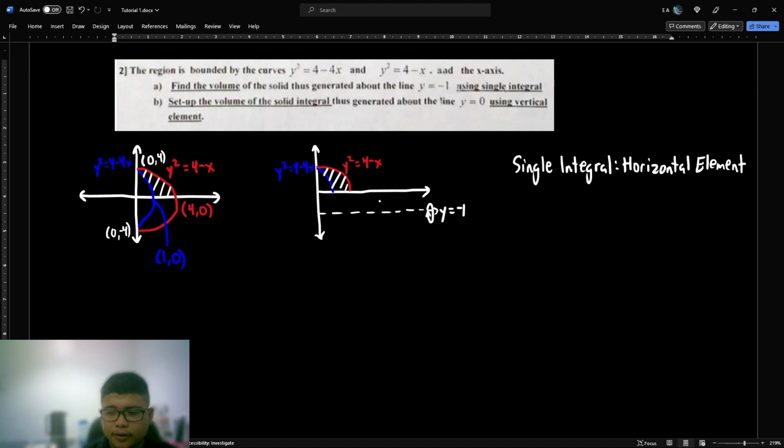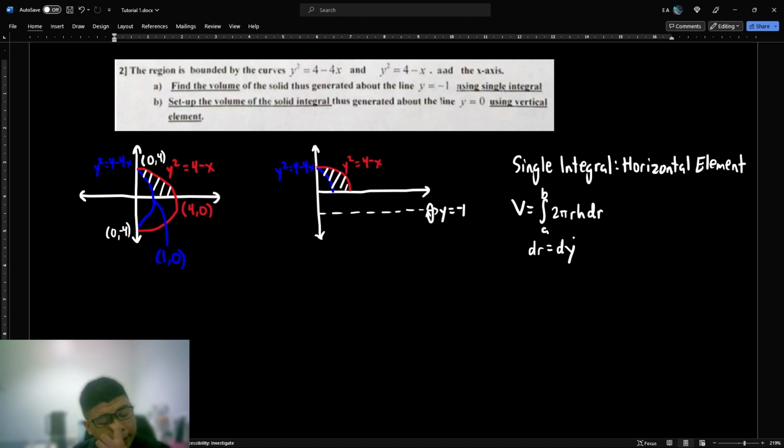And since our horizontal element is actually parallel to our axis of revolution, we're going to be using V is equal to the integral from a to b of 2 pi RH dr. Okay, so since our element is horizontal, dr equals, sorry, not dx, but we're going to be using dy.